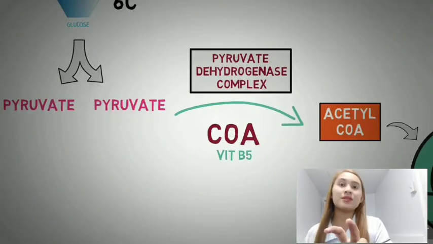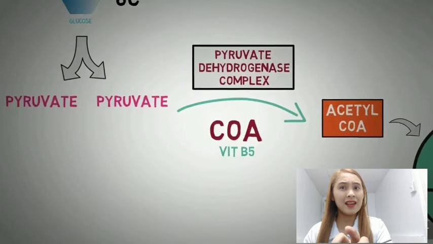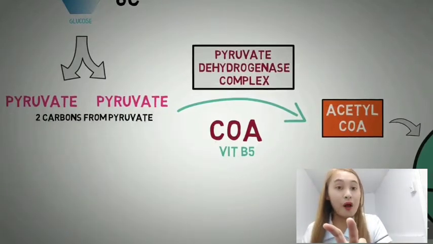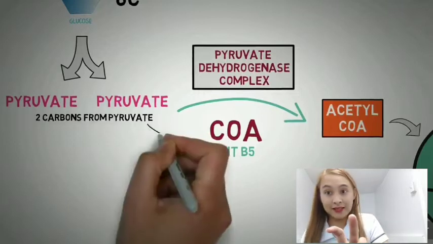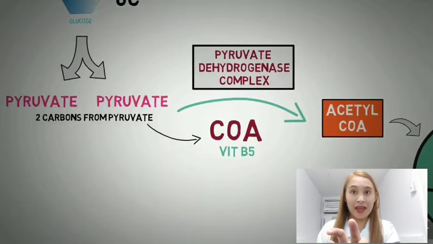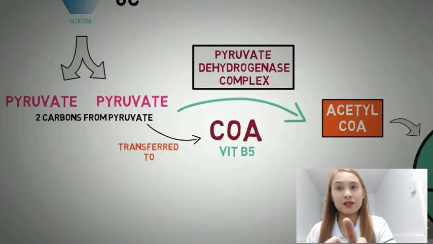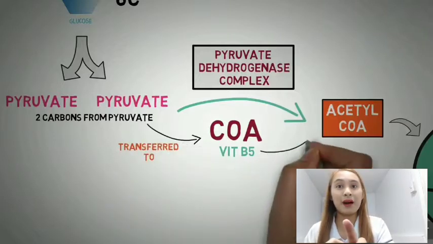So what happens in this reaction is that 2 carbons are transferred from the pyruvate to coenzyme A, forming acetyl-CoA.